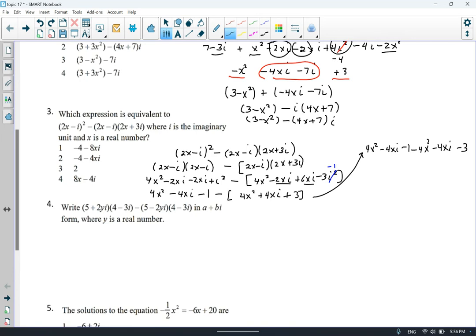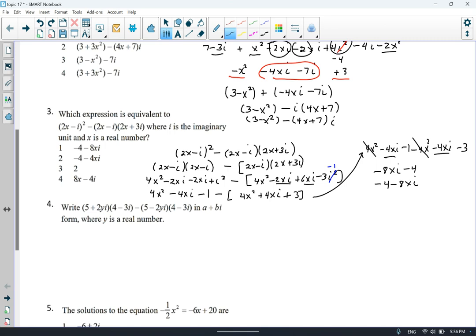Now we combine like terms, so the 4x squared and the negative 4x squared cancel, and then you get negative 4xi minus 4xi is negative 8xi. Negative 1 and minus 3 is negative 4. And so they just rearrange those terms, so they get negative 4 minus 8xi.